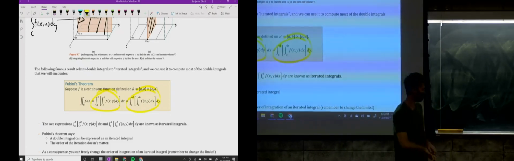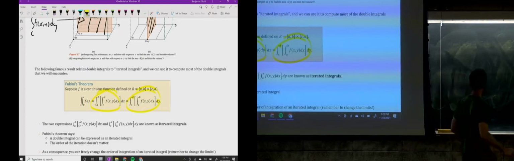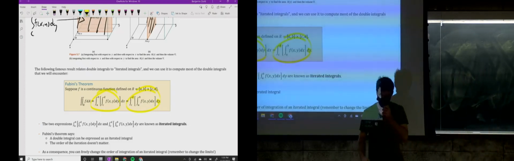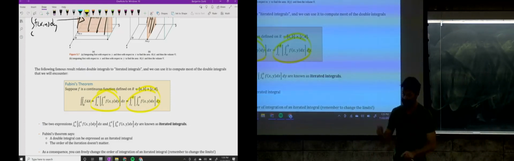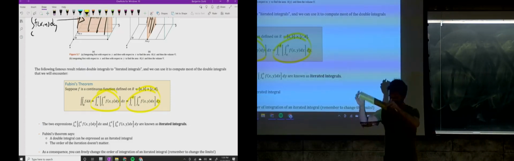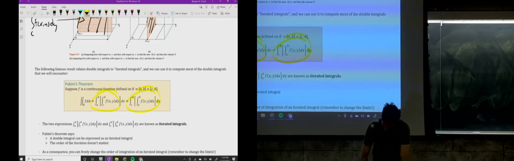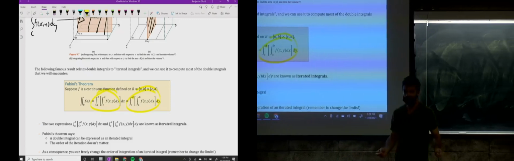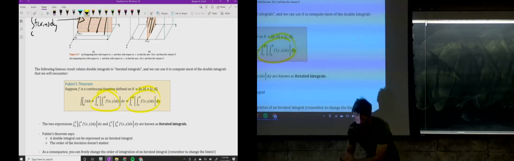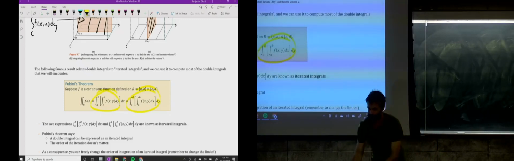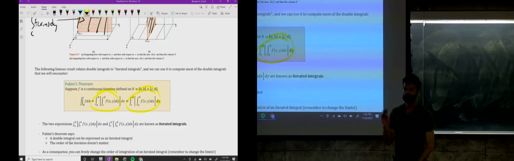So I really should have brought like a loaf of bread into class today. Maybe I can use this eraser. What Fubini's theorem says is, if I imagine this is a loaf of bread, and I chop it into a bunch of slices in the familiar way, if I add up the volume of each of those slices, I get the volume of the whole loaf.